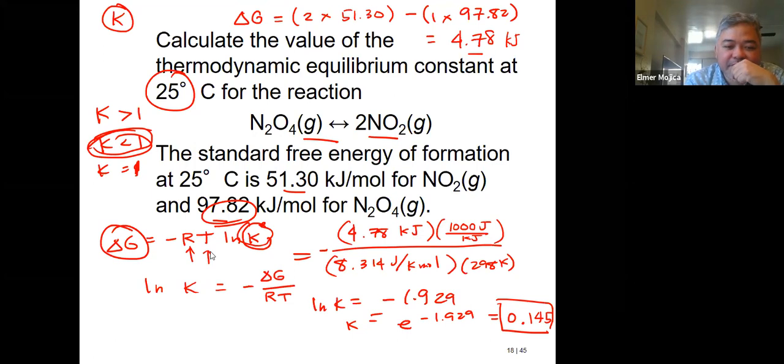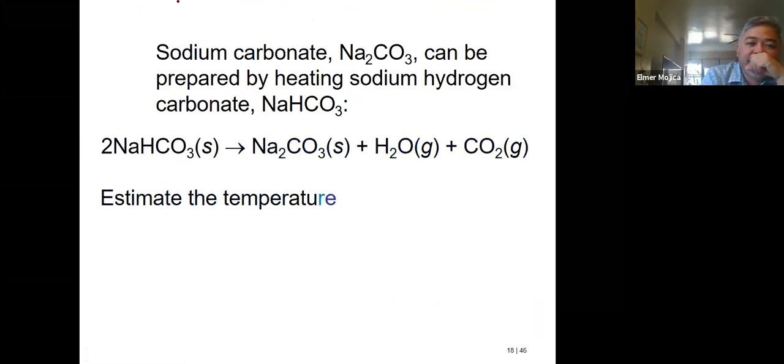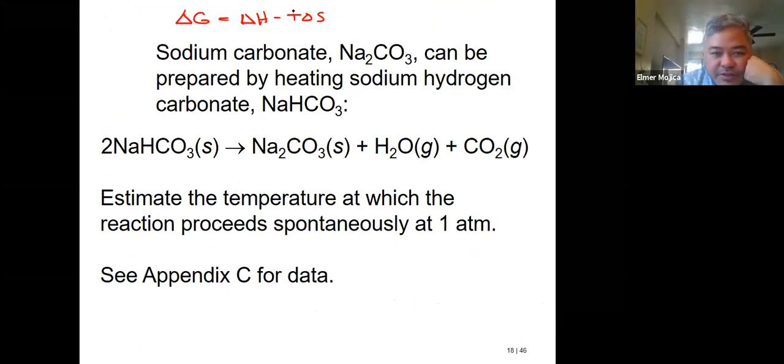Now, another problem that we can use here is we never have utilized the granddaddy equation. We can use it to determine the temperature where the system will be at equilibrium. So you have here sodium carbonate can be prepared by heating sodium bicarbonate.